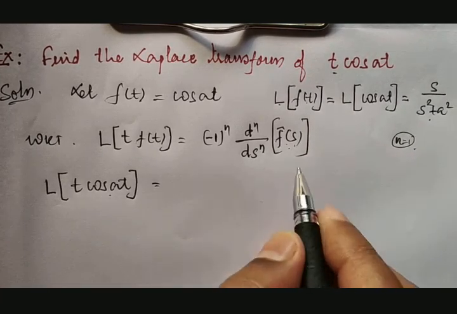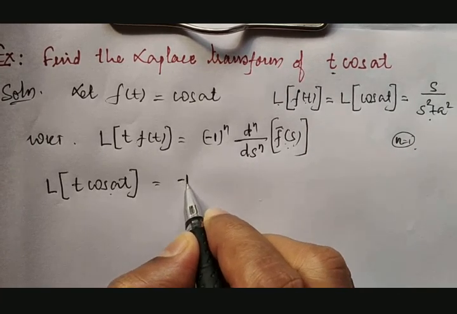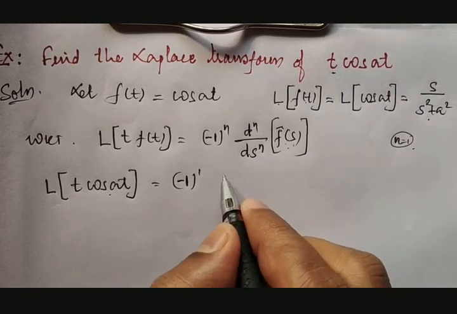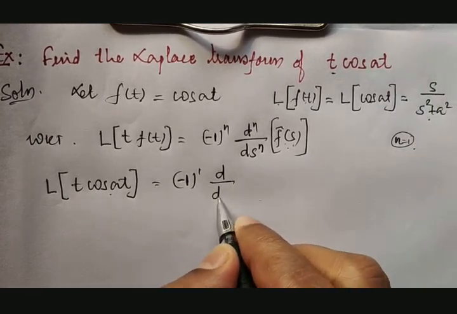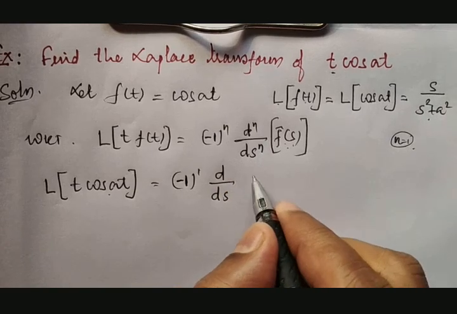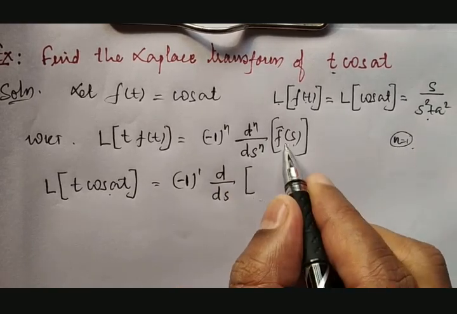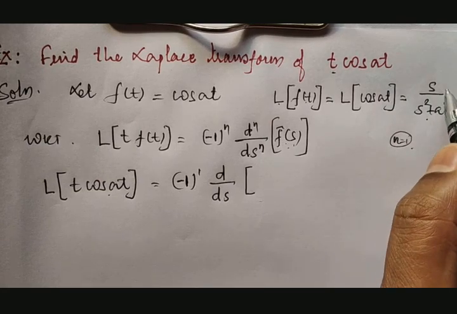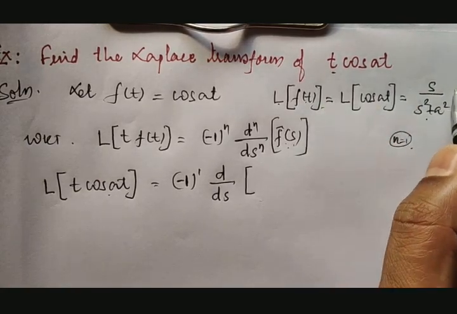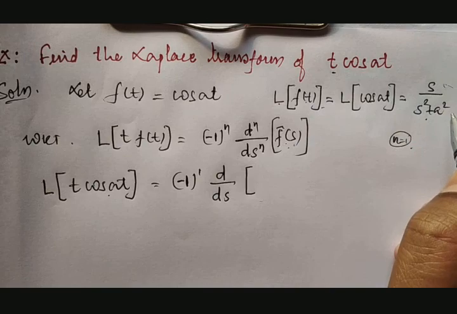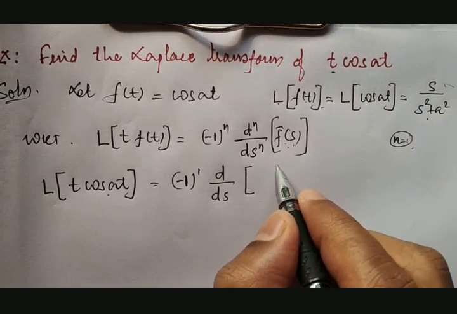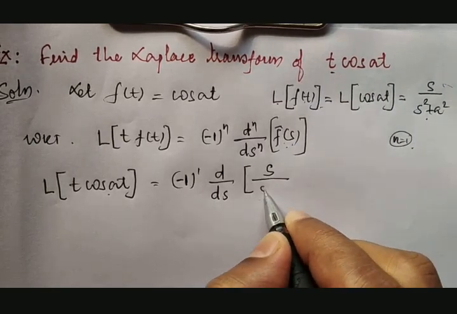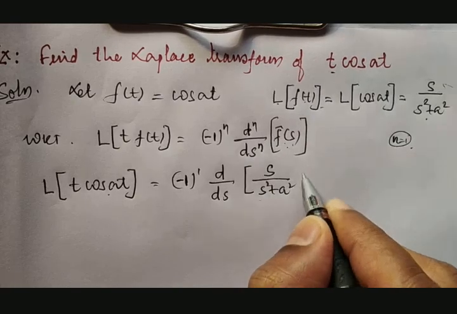Therefore, n is equal to 1, so it becomes minus 1 raised to 1, then d by ds, because n is equal to 1, so it is a first order derivative, into f bar of s. What is f bar of s? F bar of s is nothing but L of f of t, that is s divided by s square plus a square.